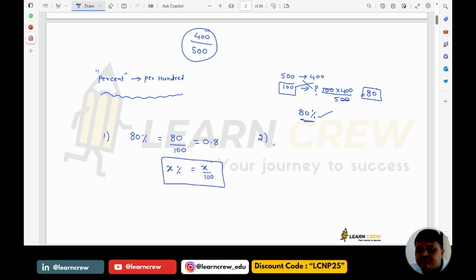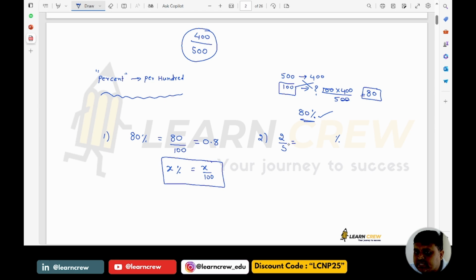second, for example, there is a fraction given, 2 by 5. This is how much percent? So earlier percentage was given, and we converted it into fraction. Now a fraction is given, and we have to convert it into percentage. To convert a percentage to fraction, we divided by 100.